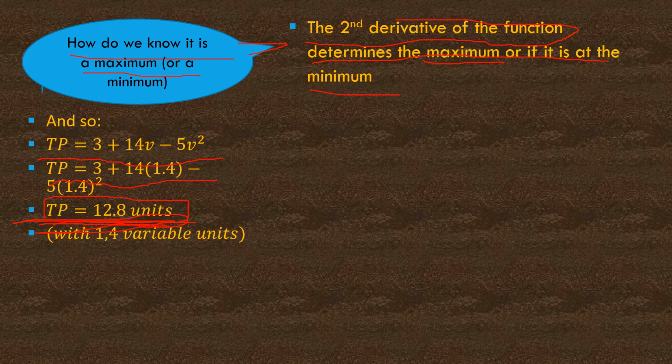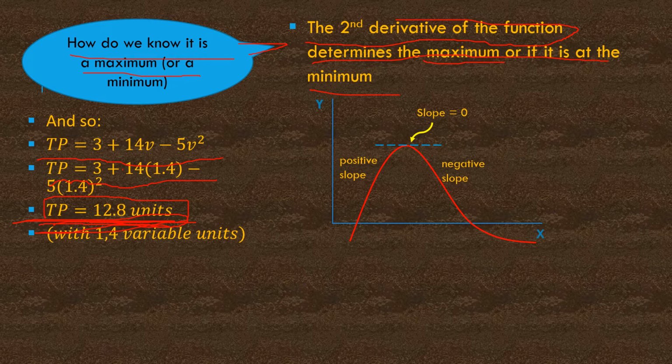Okay, how do we determine if it is a maximum or a minimum? So if you're going to look at the graphical illustration, if the slope is considered to be 0, that means the imaginary line here will be tangent to this curve itself, or what we call the total product curve itself.